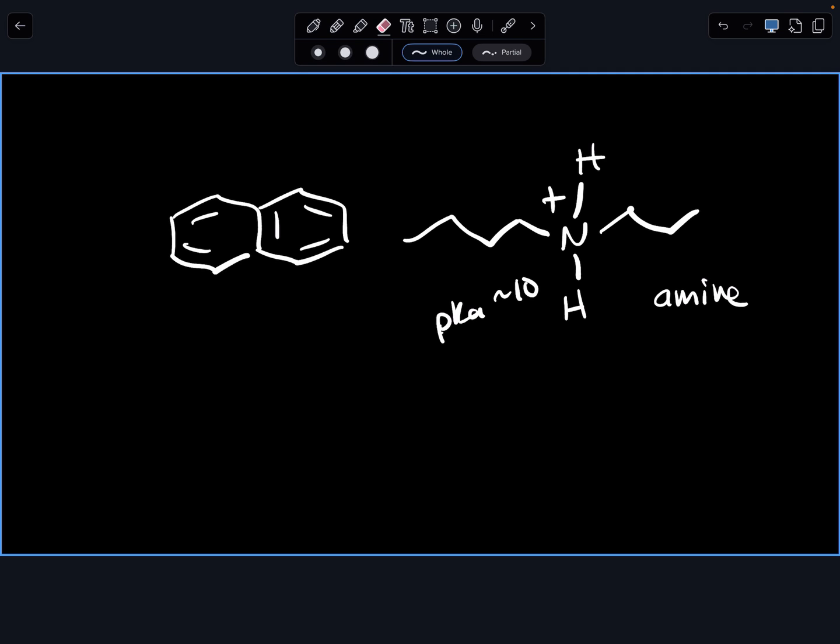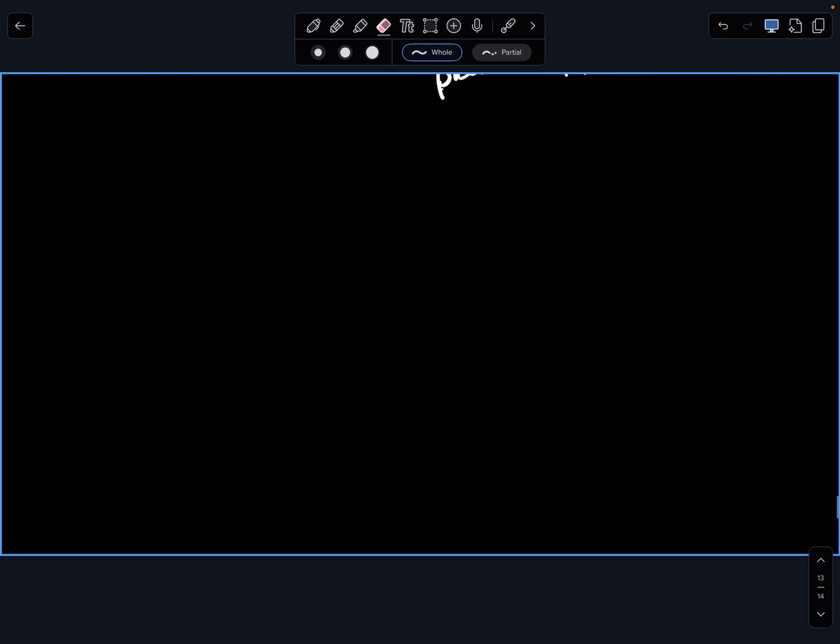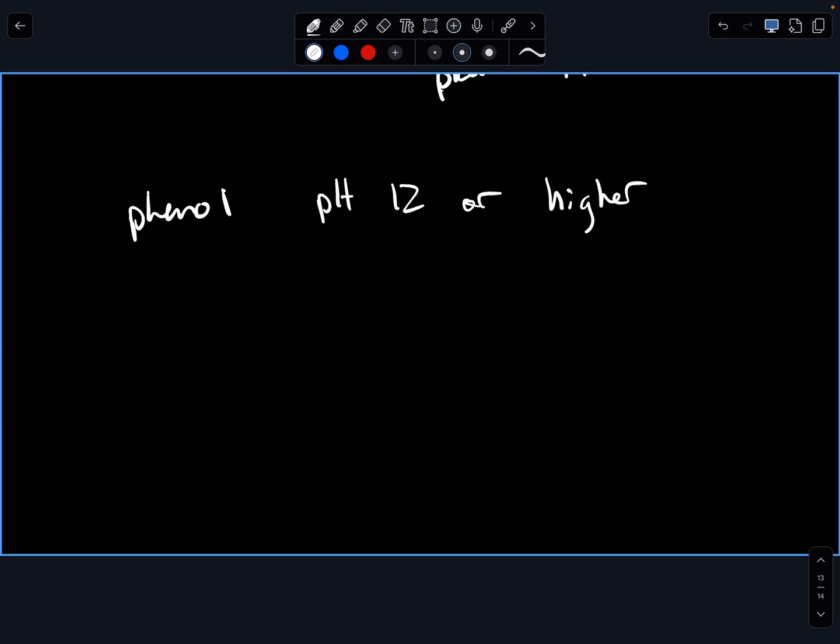So for amines, basically, here's the crib sheet for all liquid-liquid extractions. If there is a phenol, you want pH 12 or higher. If you have a carboxylic acid, you want pH, I'd say 7 or higher.